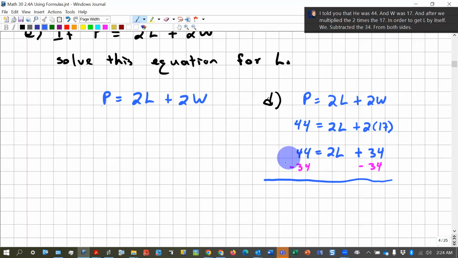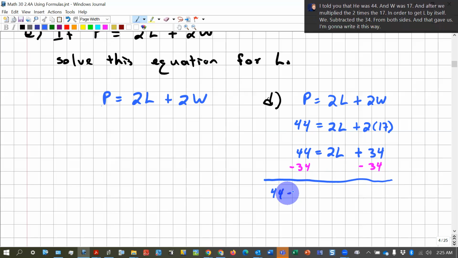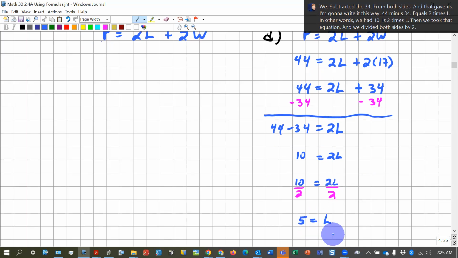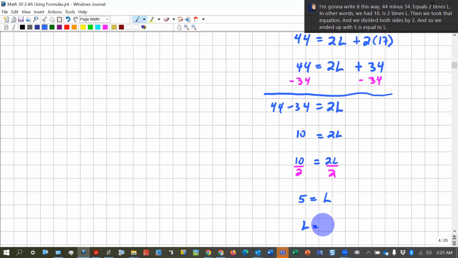And that gave us, I'm going to write it this way, 44 minus 34 equals 2 times L. In other words, we had 10 is 2 times L. Then we took that equation and we divided both sides by 2. And so we ended up with 5 is equal to L, or L is 5.